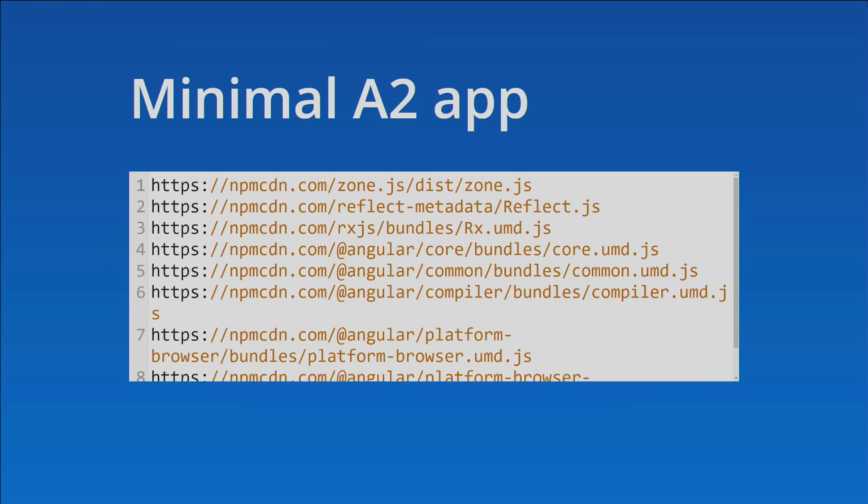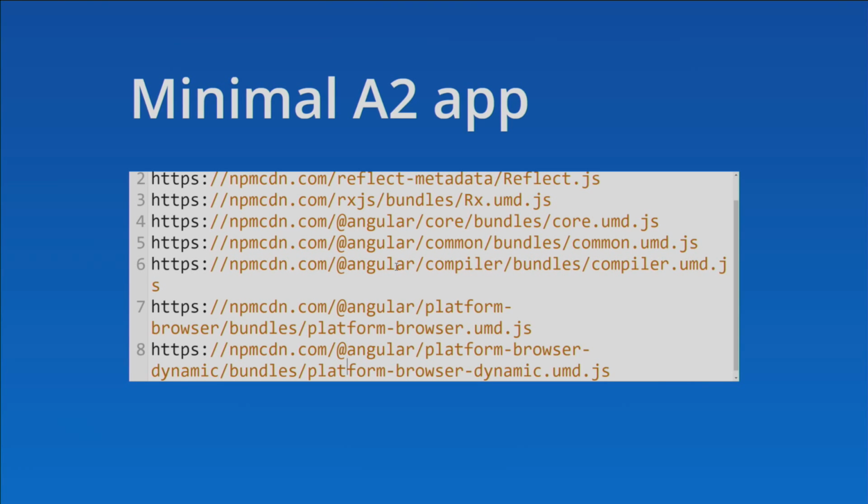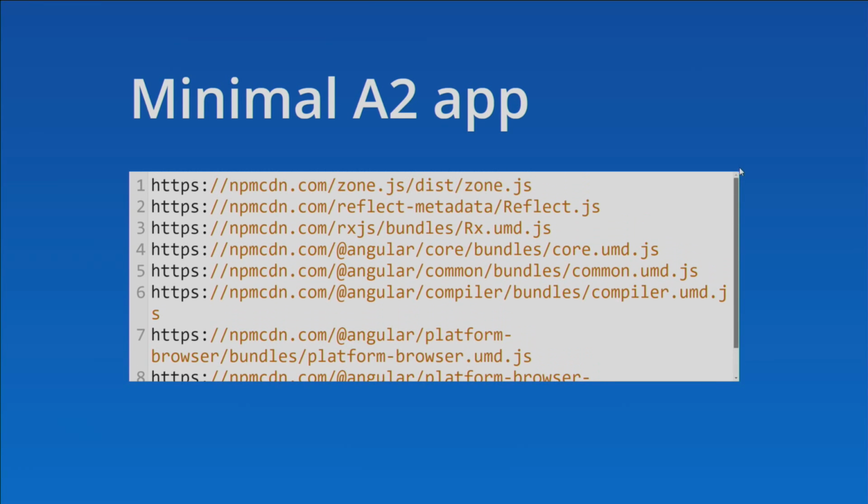So basically, by trial and error, I compiled this list of eight different scripts that should be deployed to the page. So they can be, of course, bundled, but good thing about those is that they can be used via a CDN, and you don't need to bundle anything yourself.